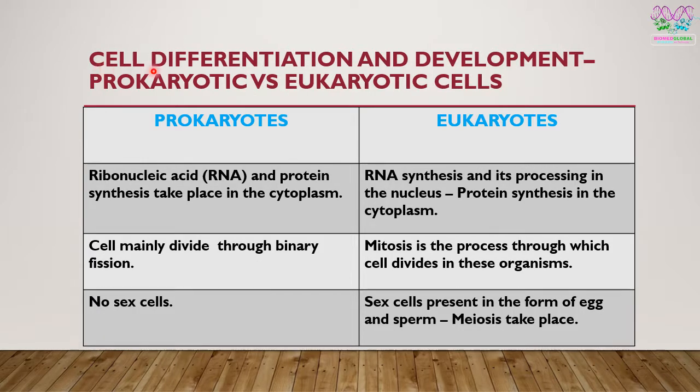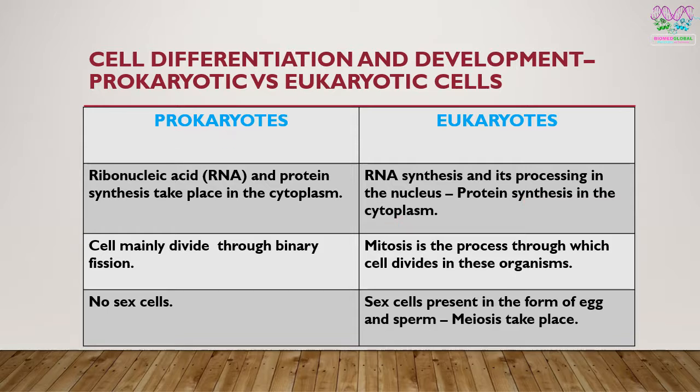As far as cell differentiation and development are concerned, there are differences between the prokaryotic and eukaryotic cell. For example, in a prokaryotic cell, the ribonucleic acid and protein synthesis take place in the cytoplasm. However, in a eukaryotic cell, RNA synthesis and its processing is within the nucleus, whereas protein synthesis is in the cytoplasm.